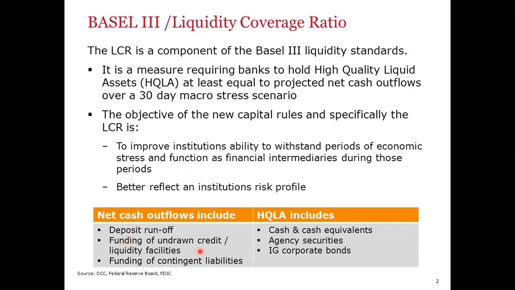Net cash outflow includes deposit runoff, deposit withdrawals, funding of undrawn credits and liquidity facilities, and funding of contingent liabilities. These are the ways of cash outflow, and these are the high quality liquid assets: cash and cash equivalents, agency securities, and government and corporate bonds.